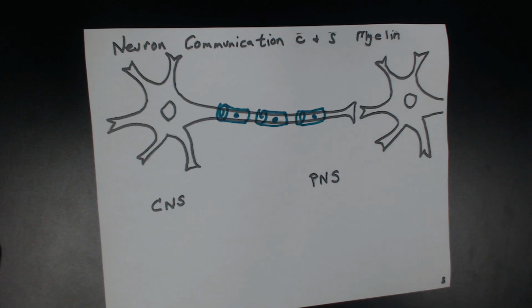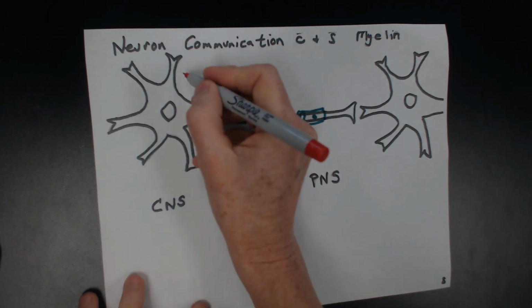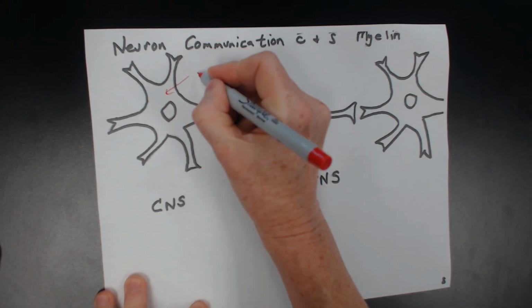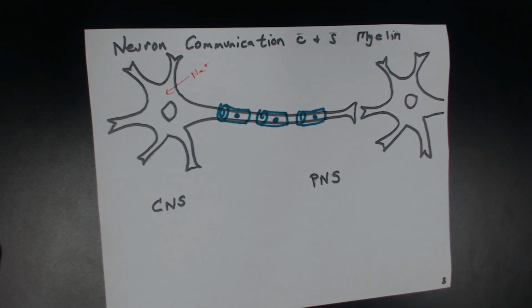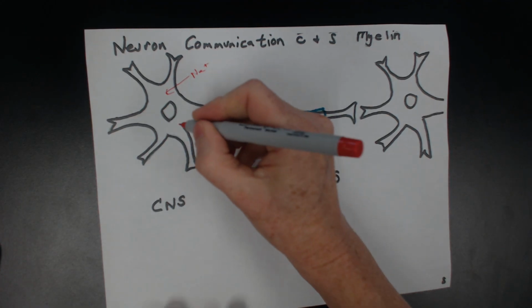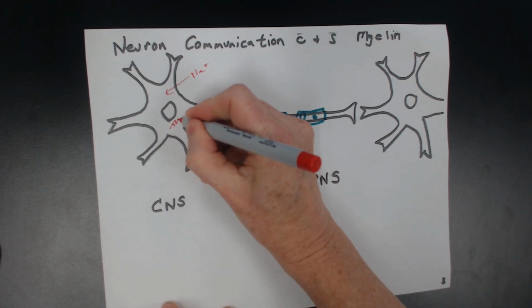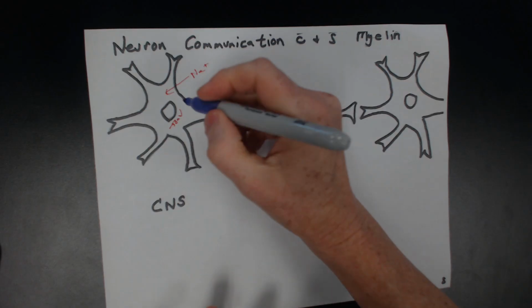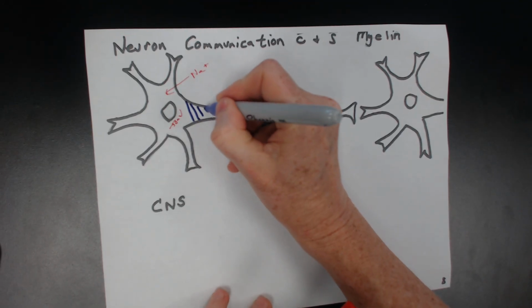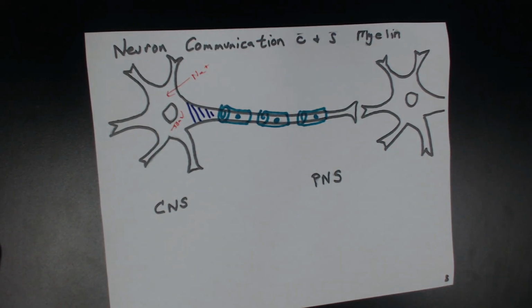So we have sodium coming into the cell in response to some sort of sensory modality, and then we reach minus 50 millivolts, and that's transmitted through the axon hillock, which results in an action potential going down the rest of the neuron.